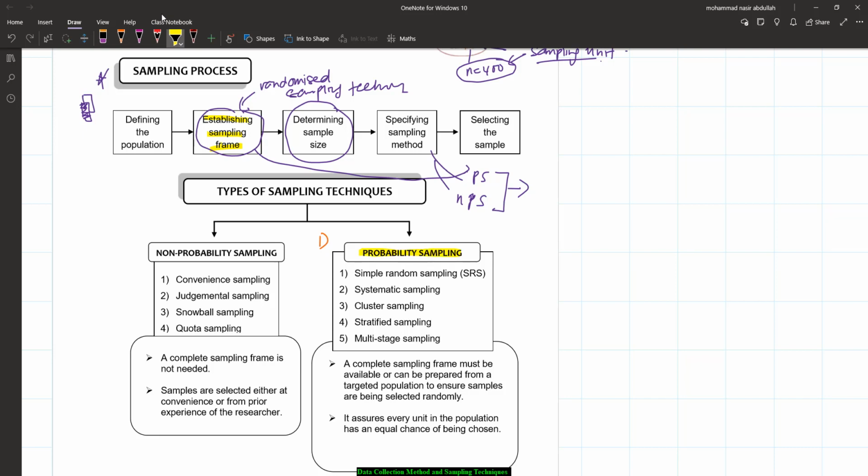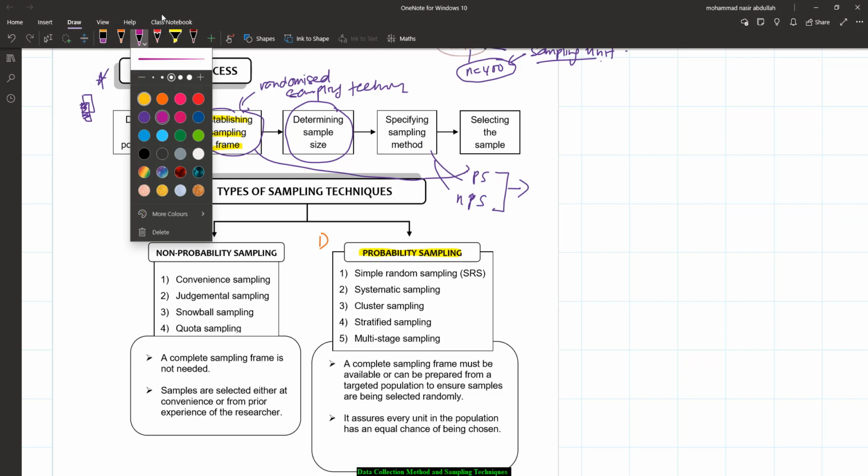Right, if you want to do one-way ANOVA, it requires a representative sample, which means you need to use probabilistic sampling techniques. If you are using chi-square analysis, it also requires probabilistic sampling techniques, but sometimes people do it with non-probabilistic sampling techniques. So now let's look at probabilistic sampling techniques.